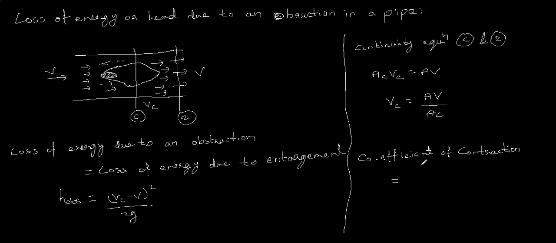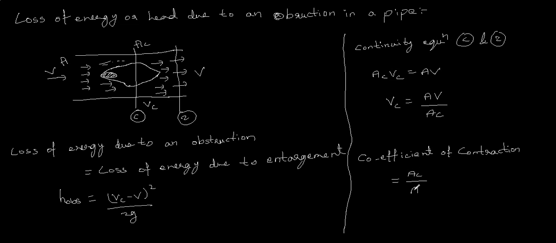Here we can assume the area at the vena contracta as AC, and the area of the pipe as A. So the coefficient of contraction can be defined as the ratio of area at the vena contracta to the area of the pipe.